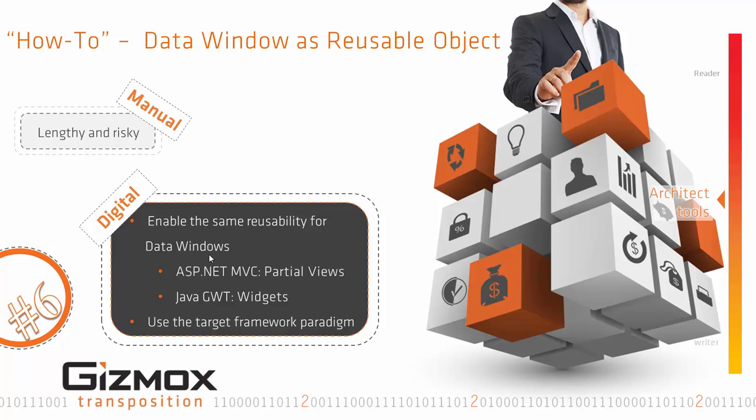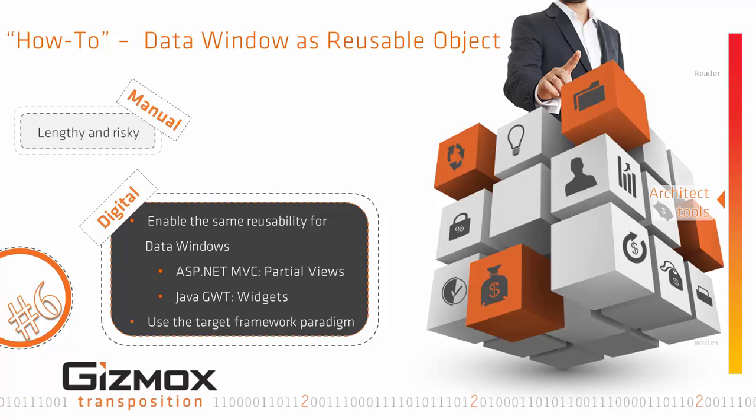As we've seen in the previous demonstration, the sixth how-to is making sure that the data window functionality and business rules become a reusable object using standard features of the target framework. So we don't migrate the data window as part of the target window or screen on the website.